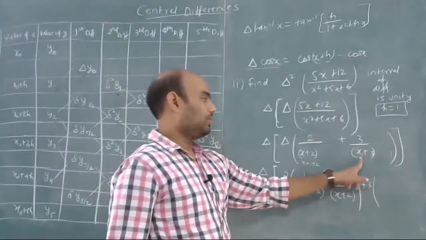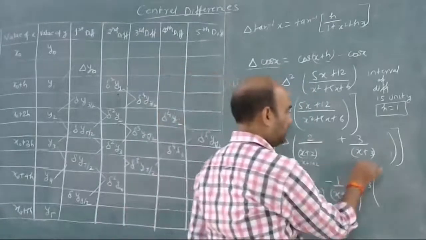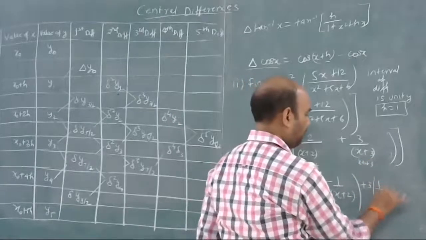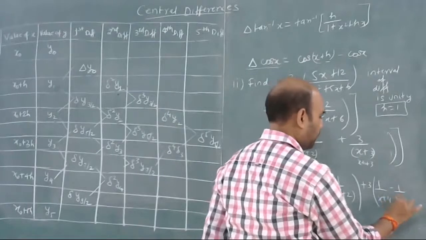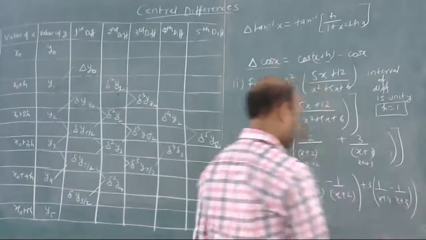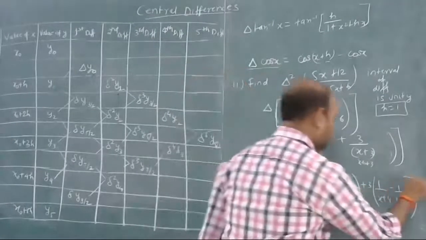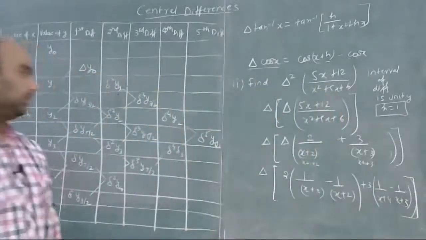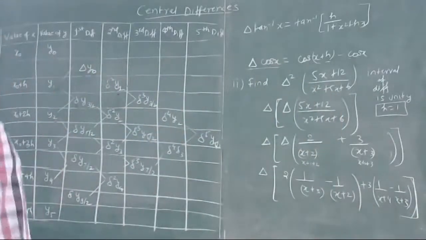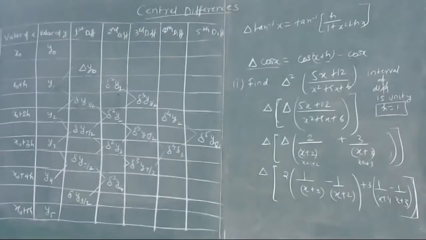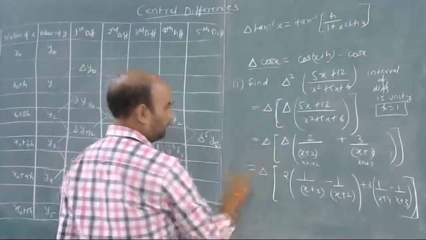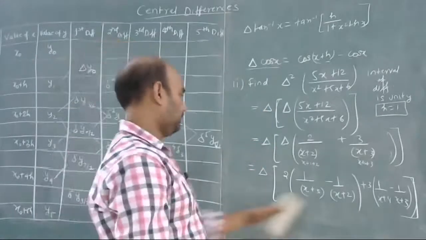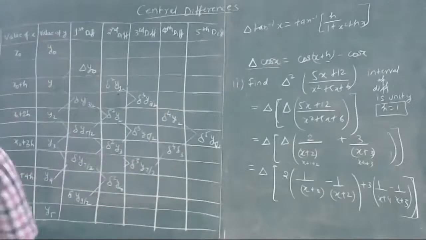So this will be x plus 1 plus 3, so this will be 1 upon x plus 4 minus the original value 1 upon x plus 3. Okay. So this will be the value of the first difference.